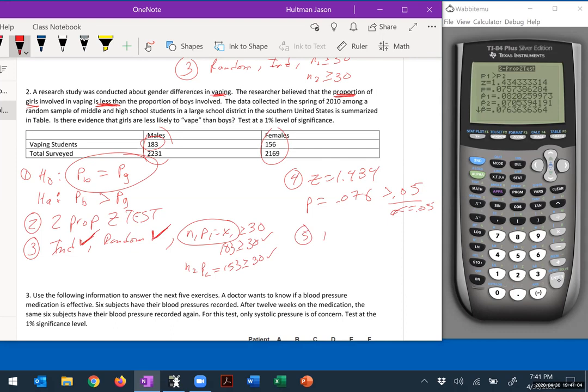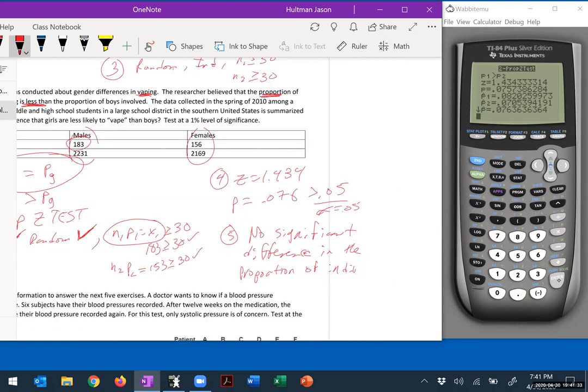So, number 5: there is no significant difference in the vaping habits, or in the proportion of individuals vaping, with respect to gender.